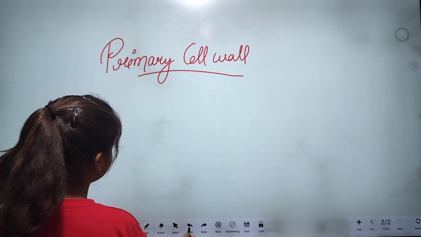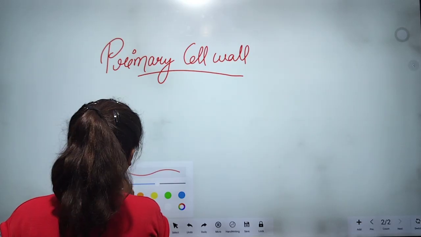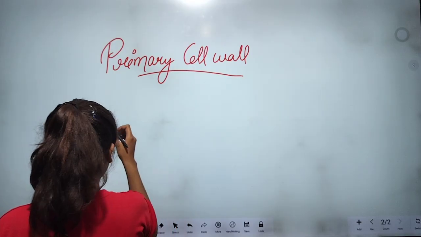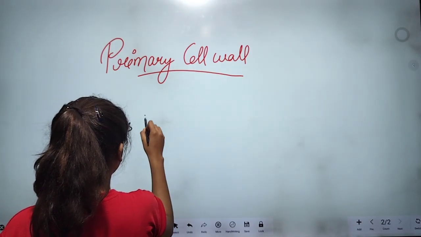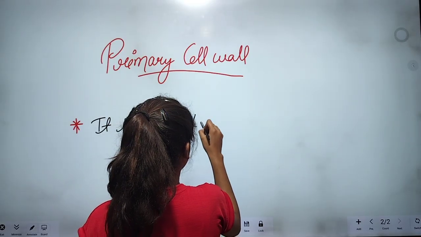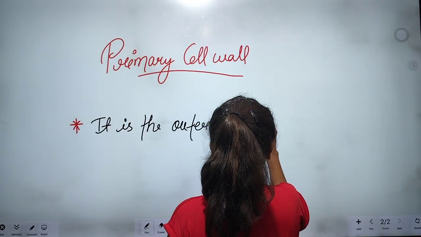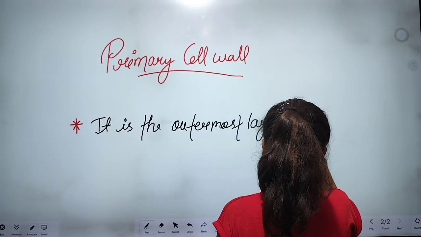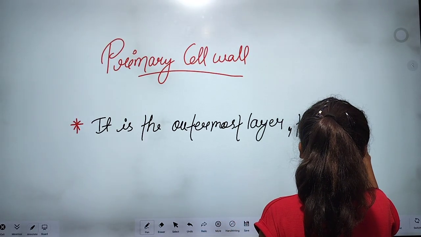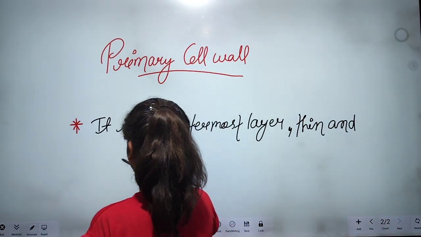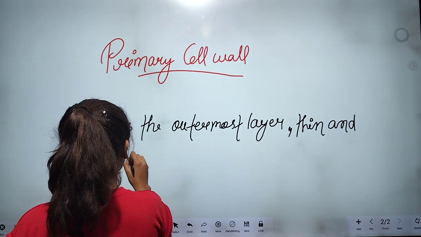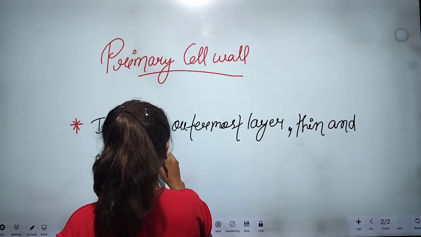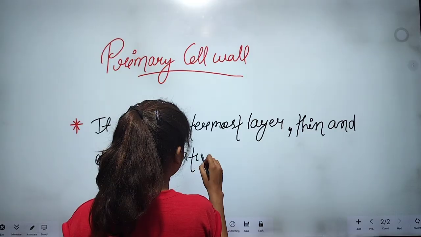So the first point is that it is the outermost layer, and it is thin and elastic in nature.